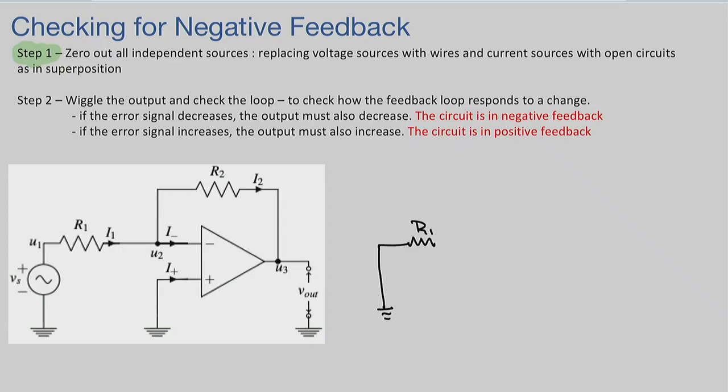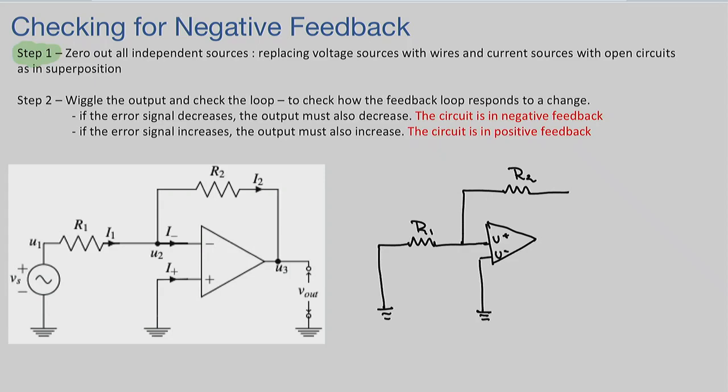And then you will have R1, and then R1 was going into an operational amplifier. And we had another resistor here, R2. And this was U plus. U minus is going to ground.